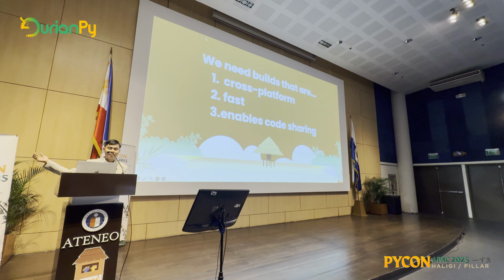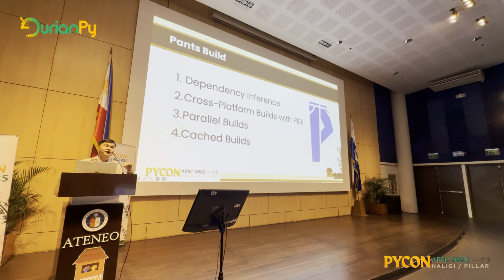It means that for each of your Lambda functions, each of the files in your handler, it will inspect the imports of those functions, and it will only include the files that are imported in the overall artifact, the overall zip file. So you don't have to specify what files are included. It will infer that automatically for you. Another is that it automatically handles cross-platform builds with PEX. It handles parallel builds and cached builds.